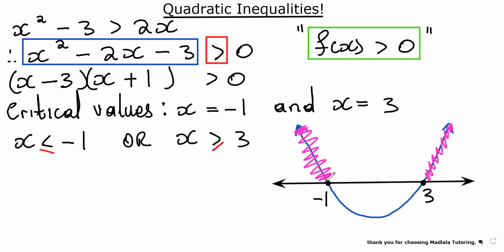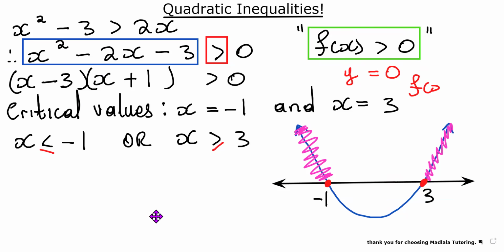Why? Because at exactly negative 1 and at exactly 3, the function is not positive. It's actually at the x-intercept, which is where y is equal to 0. So at those values, f of x, the function itself, is equal to 0.